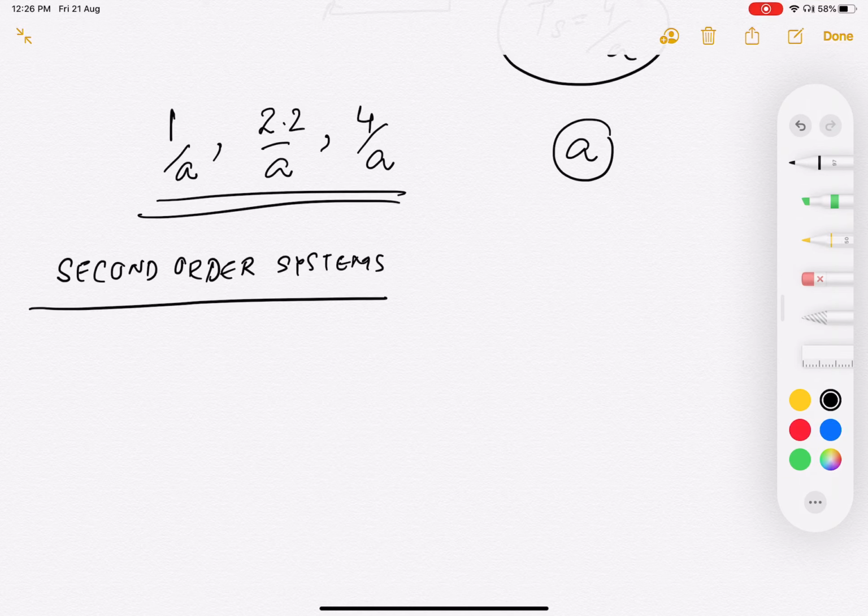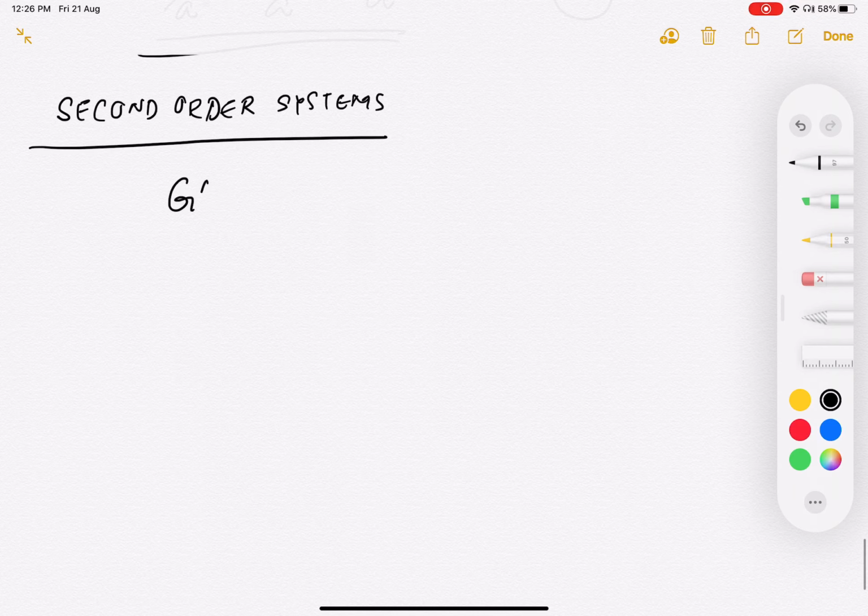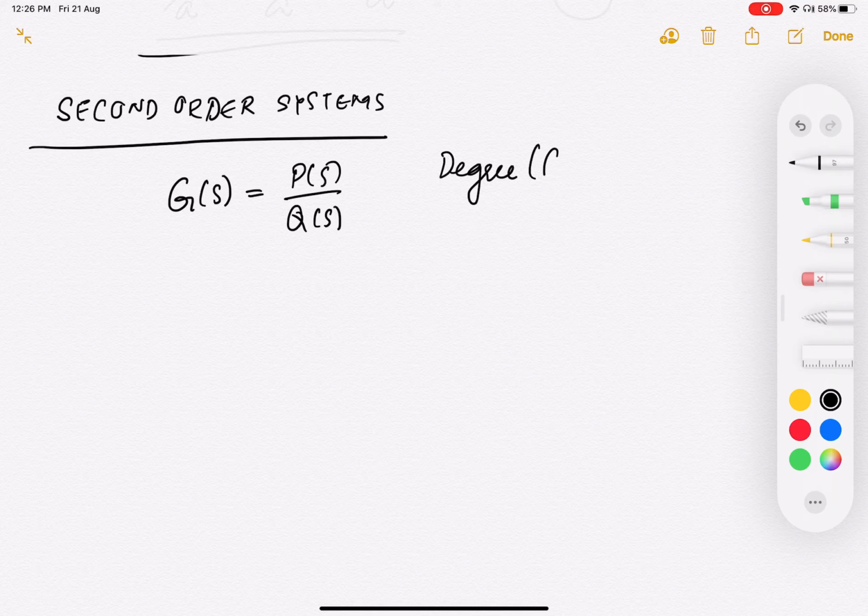Again, when your transfer function G(s) has a denominator, which is P(s) by Q(s), a rational function of s. In this case, the degree of Q(s), the denominator polynomial, is equal to 2, then the system is called a second order system.